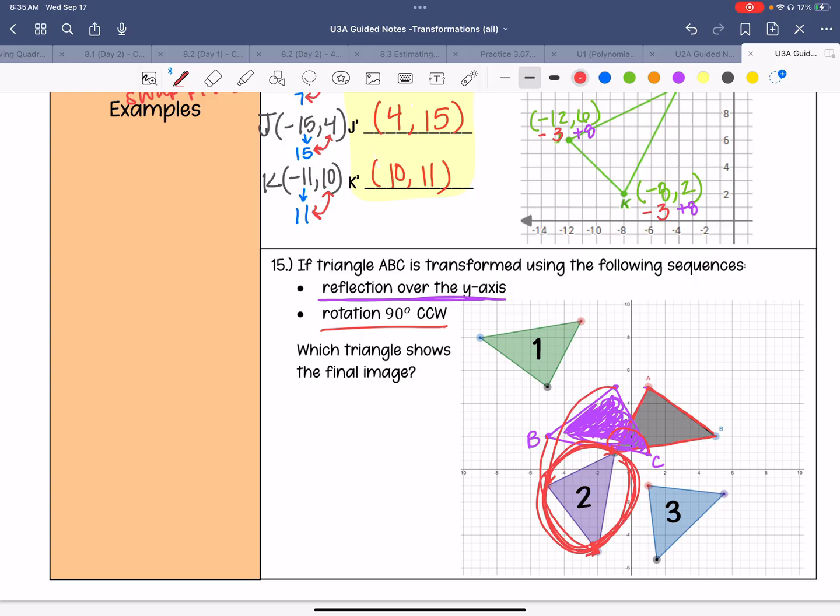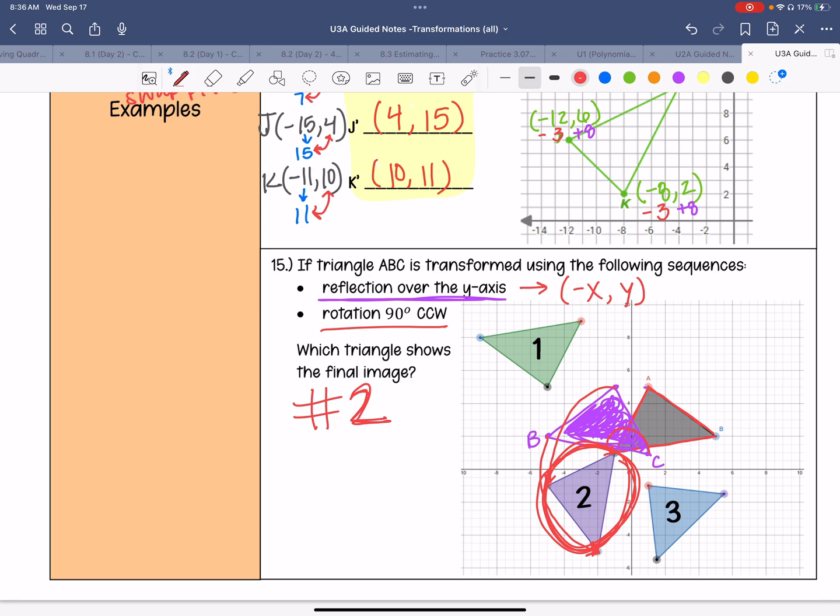Now, instead of using the picture, if you want to use your ordered pair rules, of course you can always do that. You can find the ordered pairs of A, B, and C, and then you can reflect those over the y-axis, which means that you are going to change your sign of x and y will stay the same.